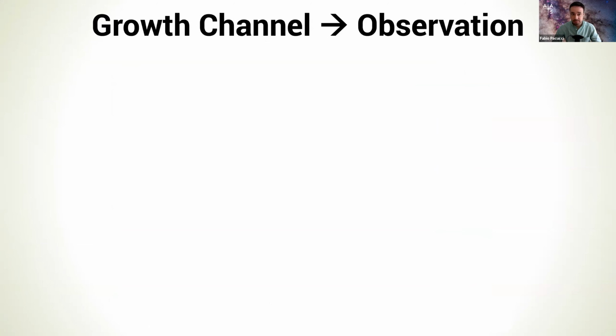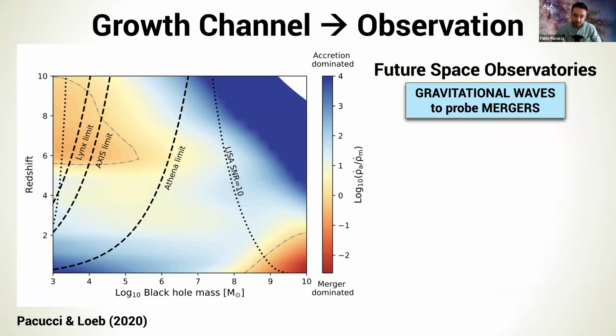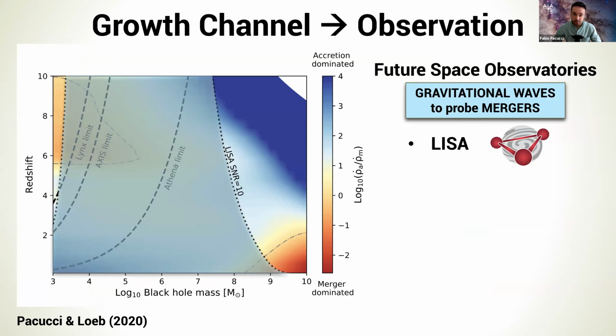So why is this important? Well, of course, because the growth channel determines the way we can observe these sources. With future space-based observatories, as I'm going to show you right now, we can observe most of this parameter space. Everybody knows here that gravitational waves are very important to probe mergers. So LISA will be able to observe all of this parameter space shaded in blue.